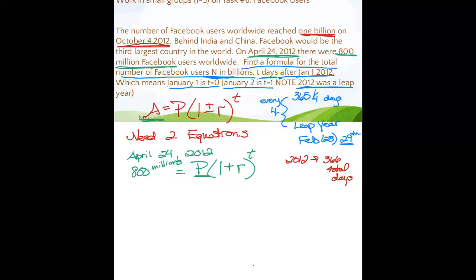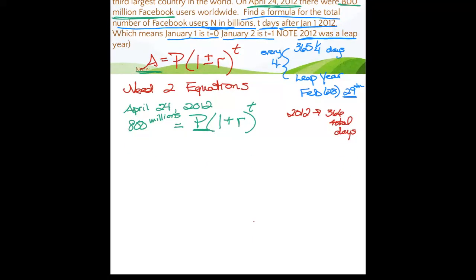So how can I figure out how many days have passed when we get to April 24th? What do I need to add? The number of days in each month, right? January, February, March, and then up to the 24th. So let's do that. So we have January.